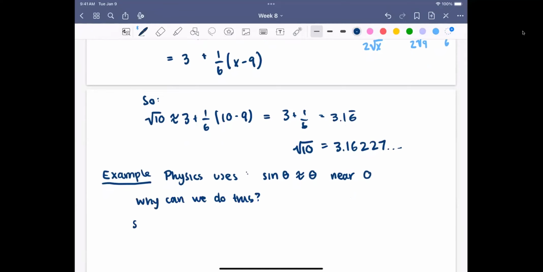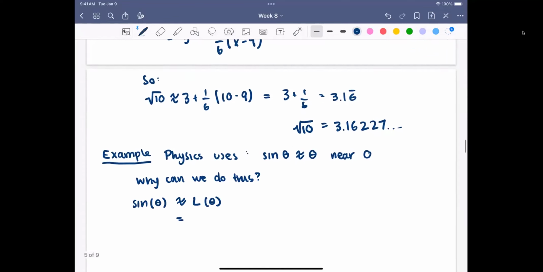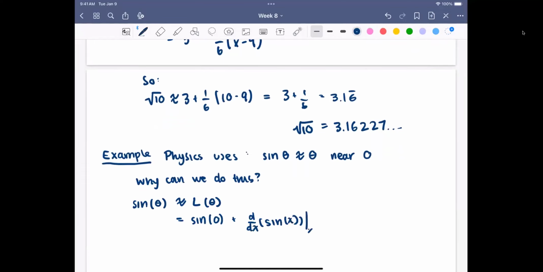So we'll have that sine of theta is approximated by this linear approximation, which is going to be given by sine of 0 plus the derivative, so d dx of sine x evaluated at x equals 0.